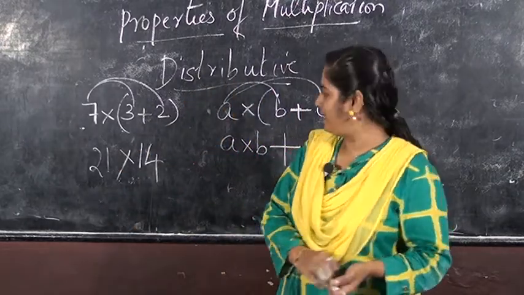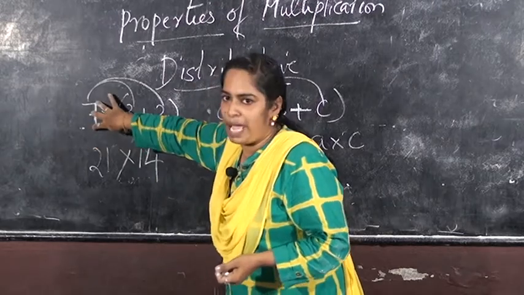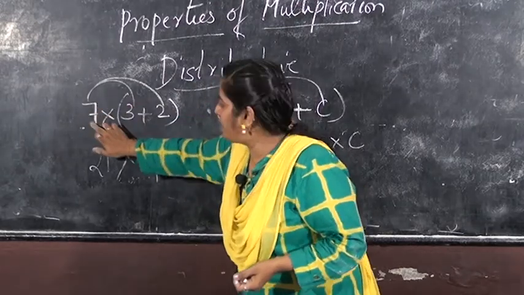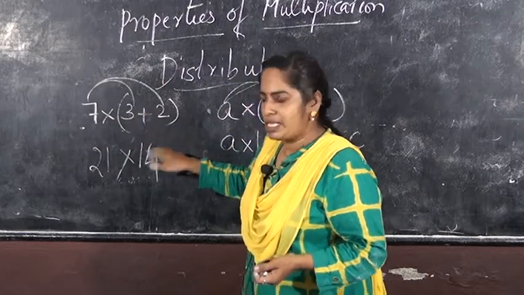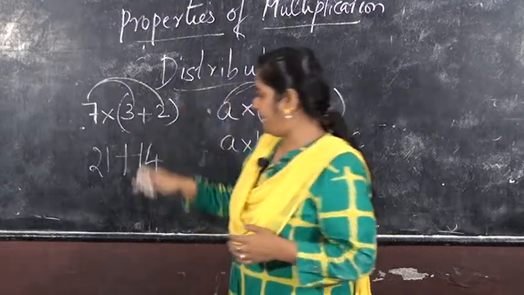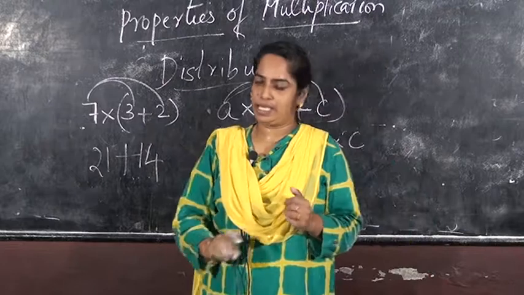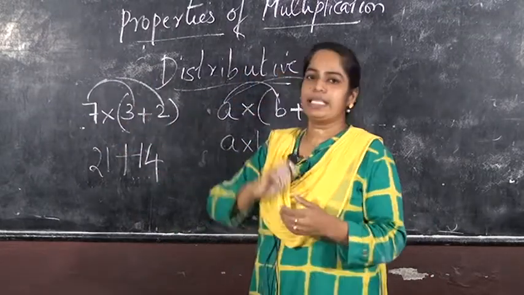We do not multiply the two results here, because this 7 got multiplied by 3, that is 7 into 3. Again plus is here, isn't it? So we want to write addition here. So plus. So here 7 into 3 plus 7 into 2, that is 14.